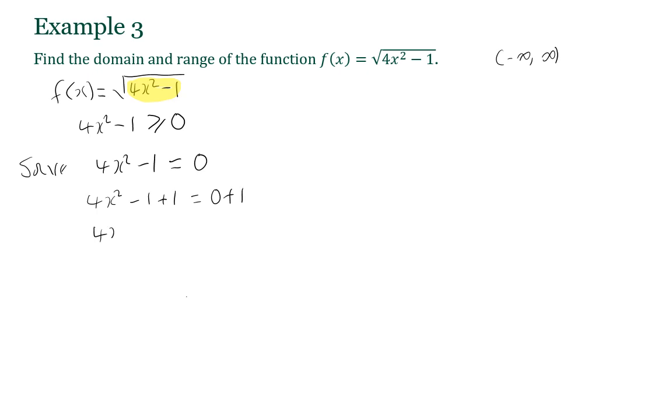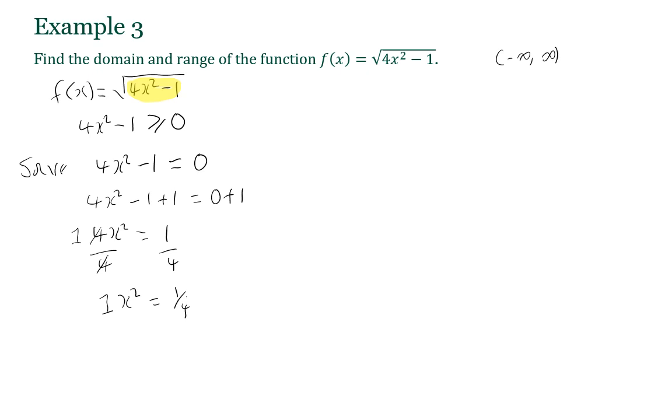Then 4x squared minus 1 plus 1 will give us 0, so 4x squared is equal to 1. Now we divide both sides by 4, and 4 goes into 4 just once. So we'll have x squared is equal to 1 over 4.